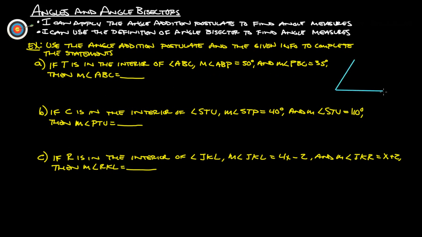A, B, C, and now they're saying P is in the interior of that, so we'll call that P. The measure of ABP is 50 degrees, and the angle PBC is 35 degrees. They're asking what's the measure of angle ABC. The angle addition postulate says all we have to do is add those two together. 50 plus 35 is 85 degrees.